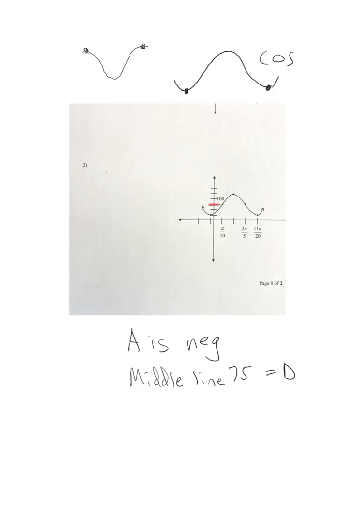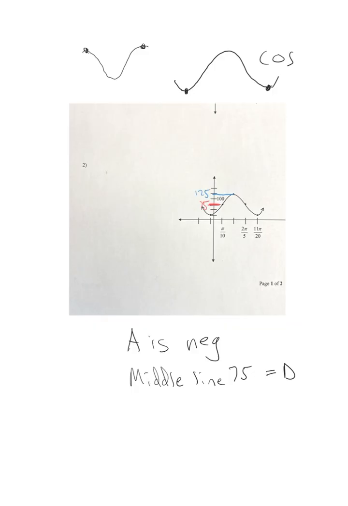Now the distance from that midline to either the minimum or maximum, mark that in blue. If we trace that over, remember that was 75, and up there in blue we found 125.